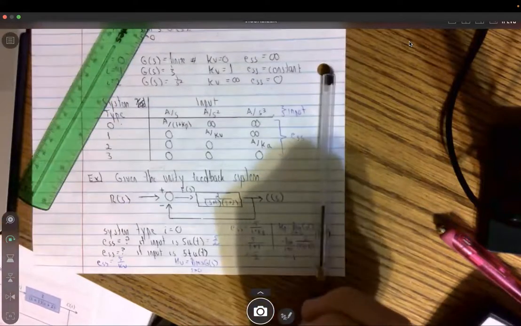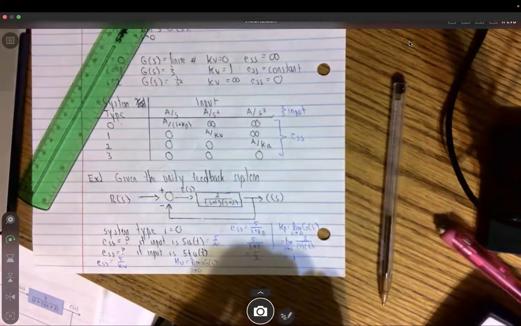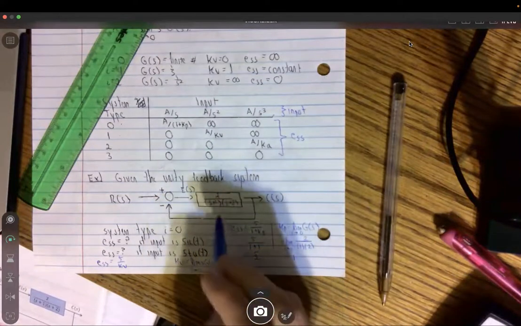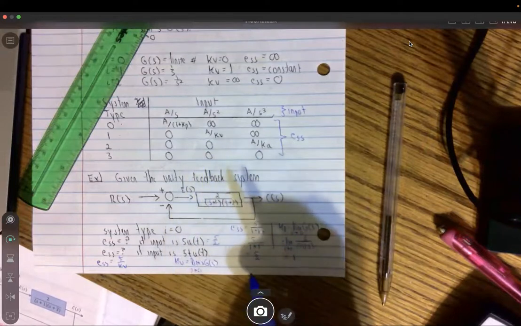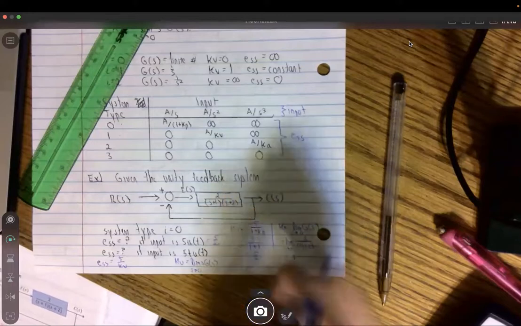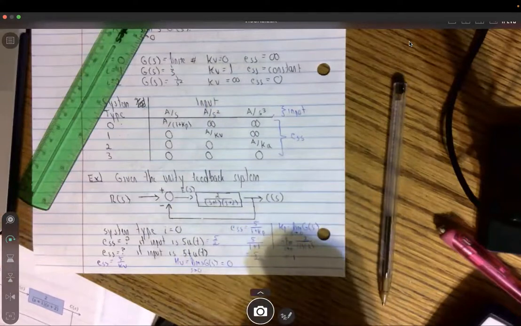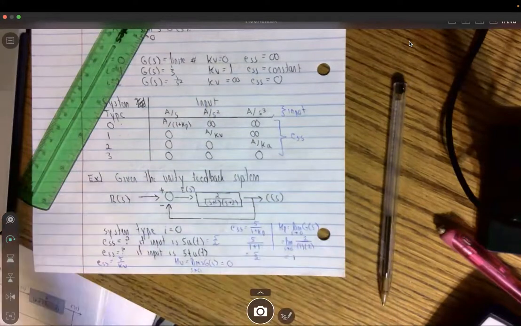And so multiplying by S, our G of S here, we're going to get 2 times S, all over the denominator. It's going to be 0, because there would be an S in the numerator. So it's going to be 0 over 2, so it's 0.